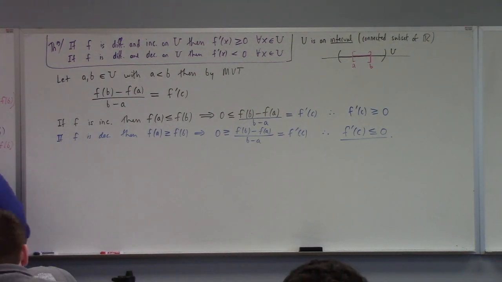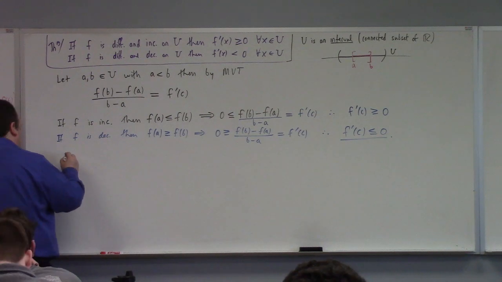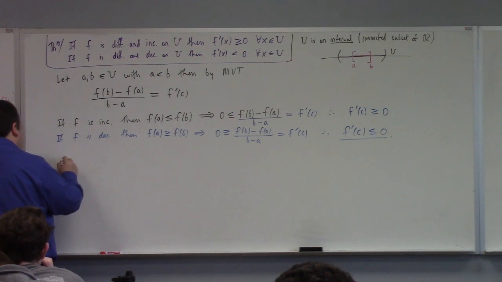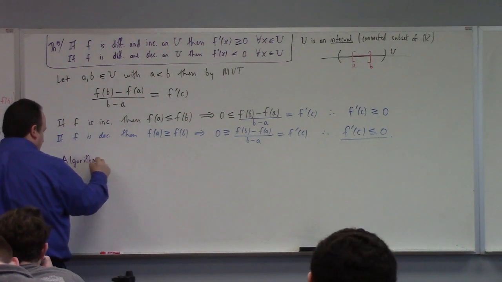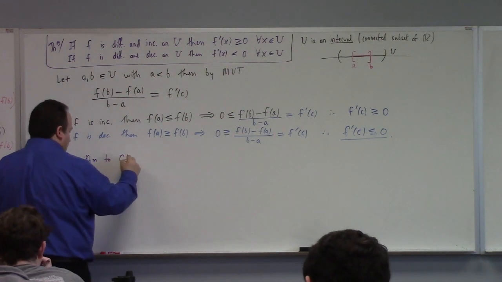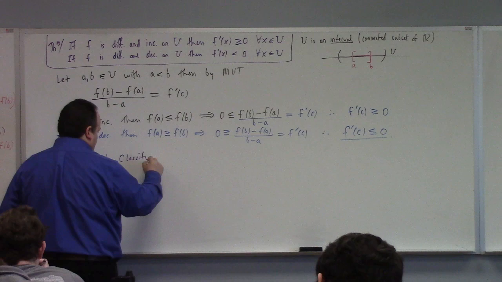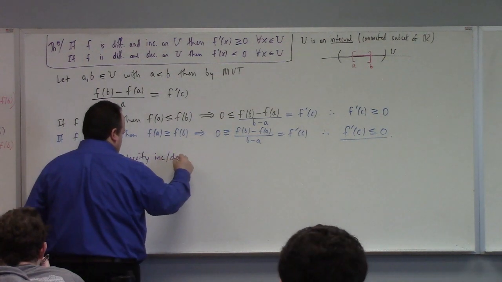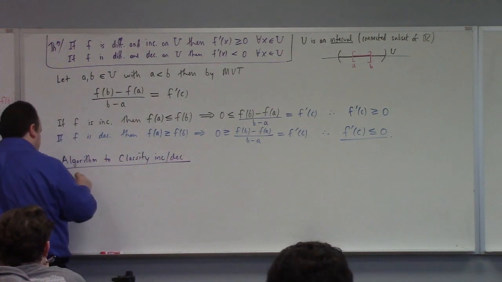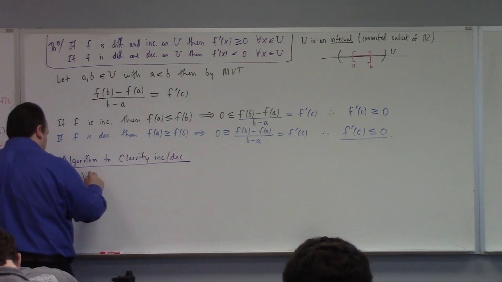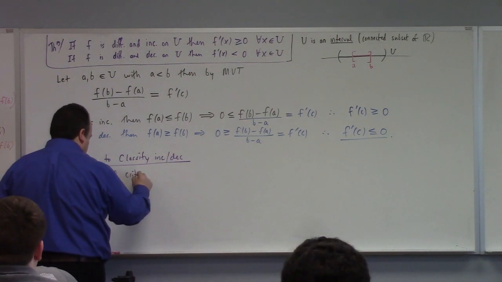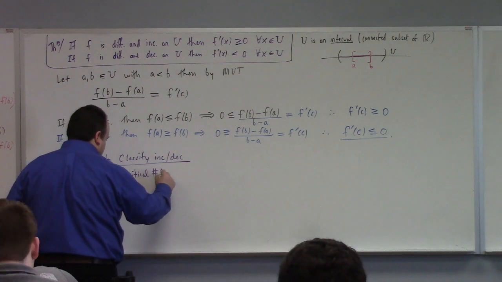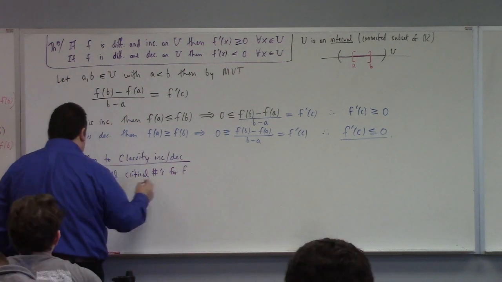So here's our strategy, our algorithm, if you will, to classify increase and decrease. Number 1, find all critical numbers for f.